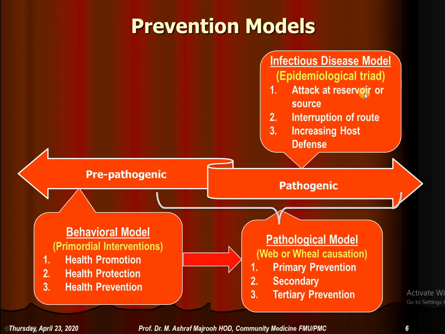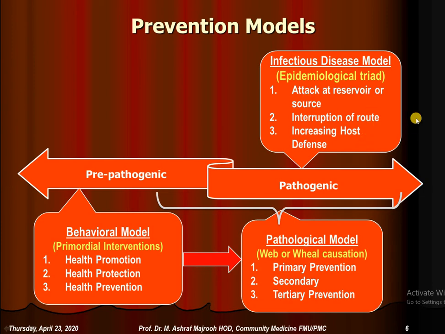And the infectious model of prevention is based on the epidemiological triad, and the strategy in this is to attack at the reservoir or the source. First, the disease is curtailed at the point of reservoirs and sources, and then there is the interruption of the route of transmission. This is the second barrier, and lastly, host defense is the option for disease prevention.